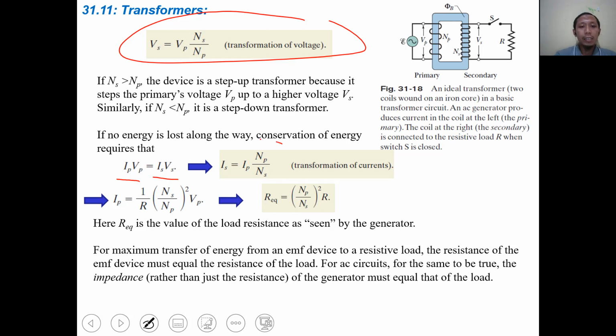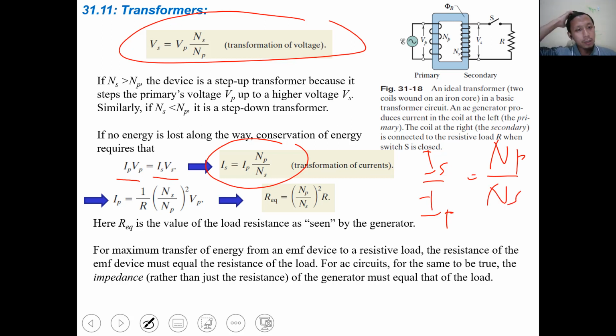So Is is equal to Ip Np per Ns, or Is per Ip is equal to Np per Ns. And then the equivalent R is equal to (Np per Ns) squared R, and the equivalent R is the load resistance seen by the generator.